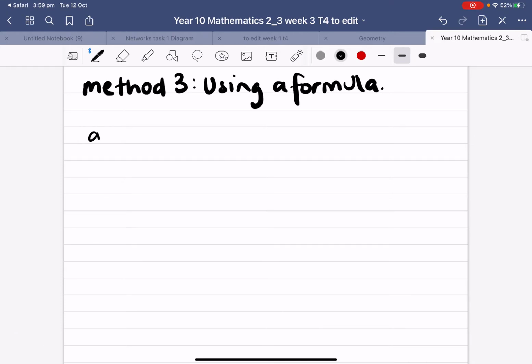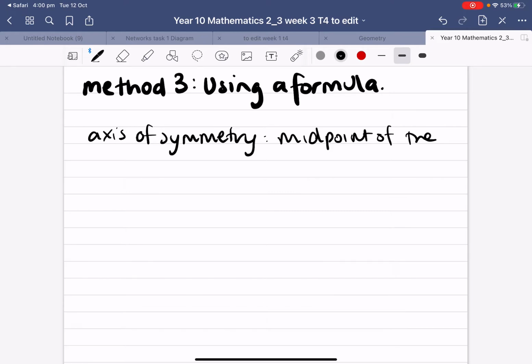The axis of symmetry can be found through that intercept method. So it is the midpoint of the x-intercepts. So let's use that fact to find a general sort of equation for it.